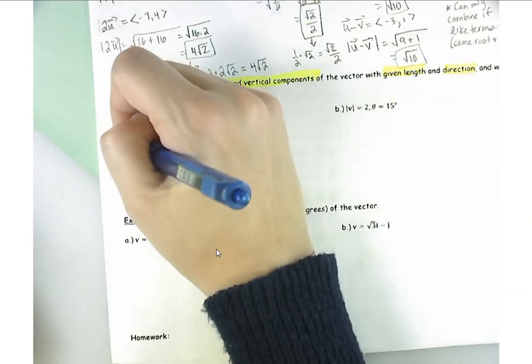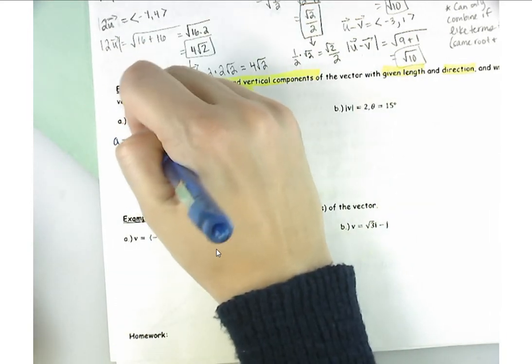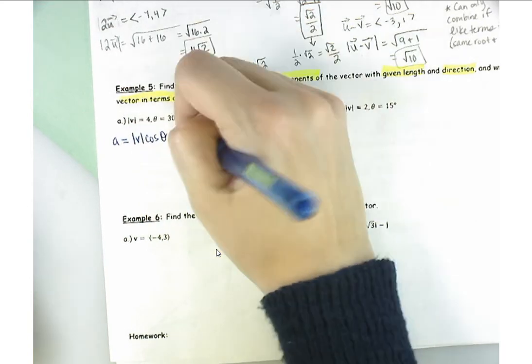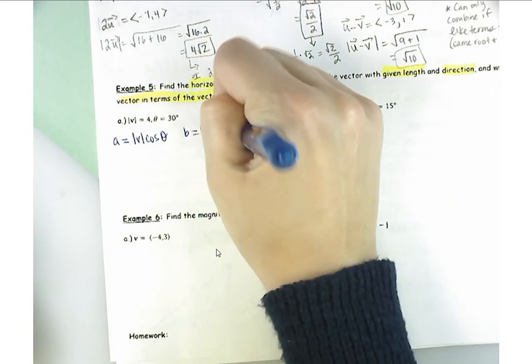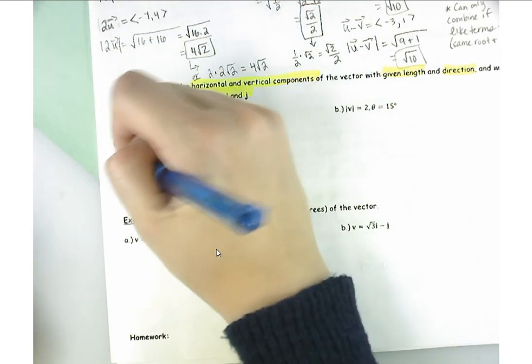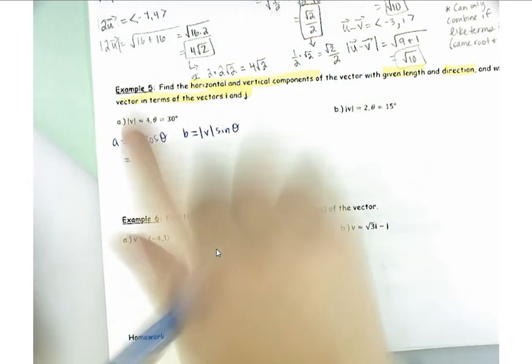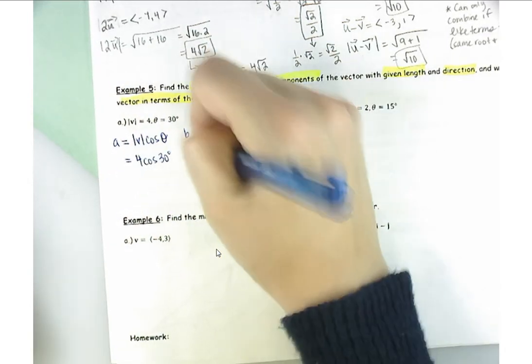So I can set up my horizontal component, which is a, equal to the magnitude times the cosine of theta, while b is going to be the magnitude times the sine of theta. They already tell us the magnitude is 4, and the angle is 30 degrees.